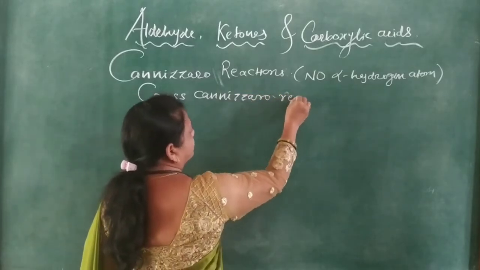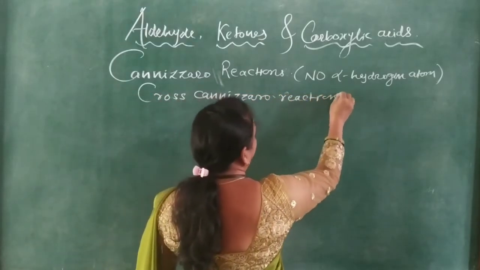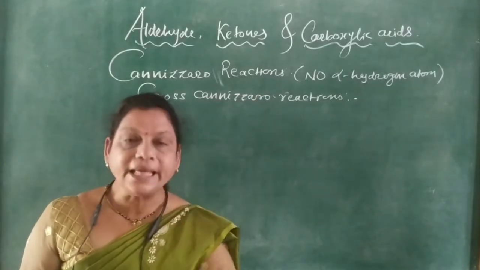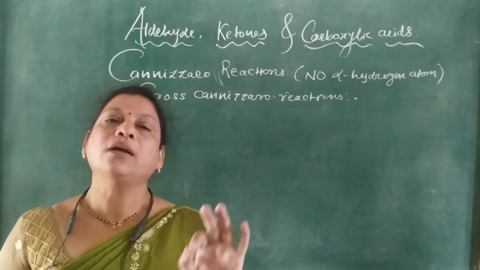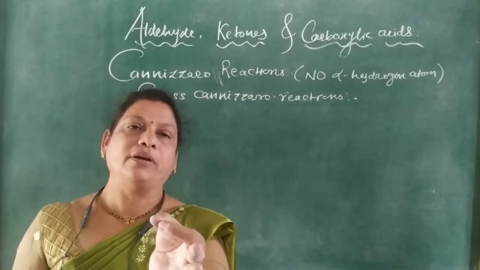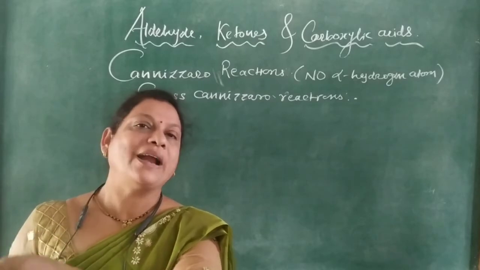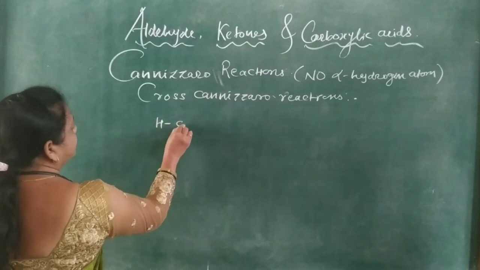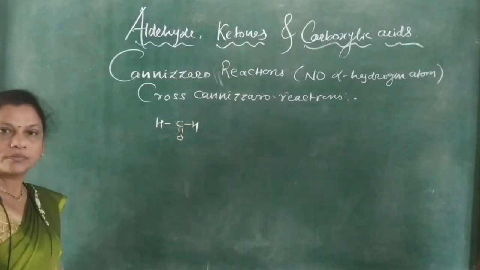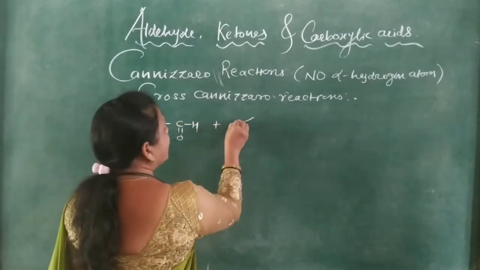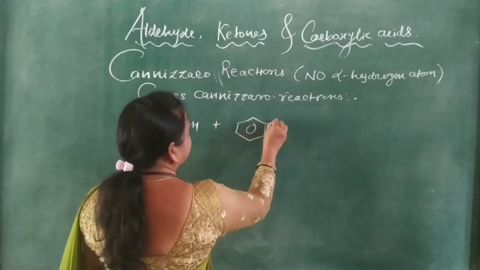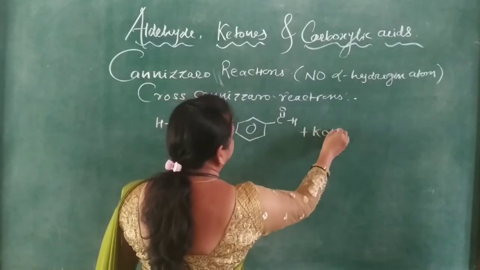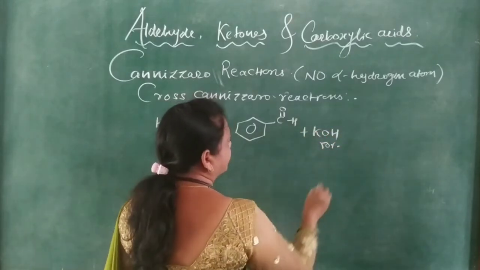Okay, next one, that is the cross Cannizzaro reaction. In the cross Cannizzaro reaction, formaldehyde reacts with any aldehyde which does not contain alpha hydrogen atom. So here formaldehyde HCHO, then benzaldehyde, C double bond OH, plus KOH or NaOH 50%.